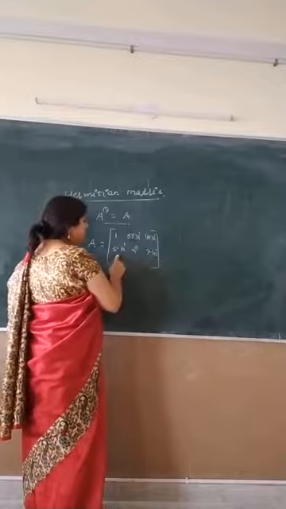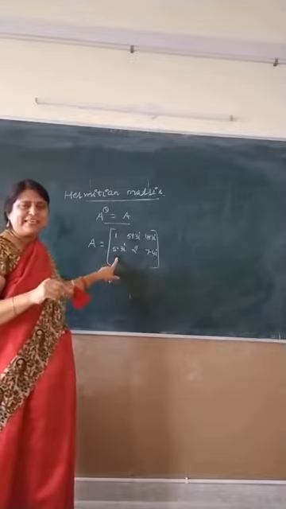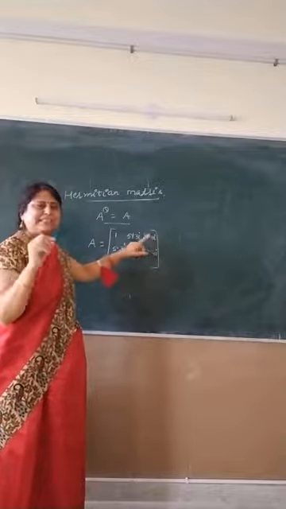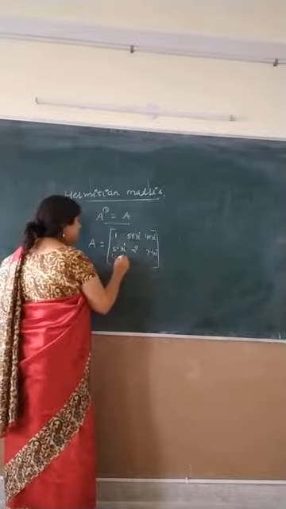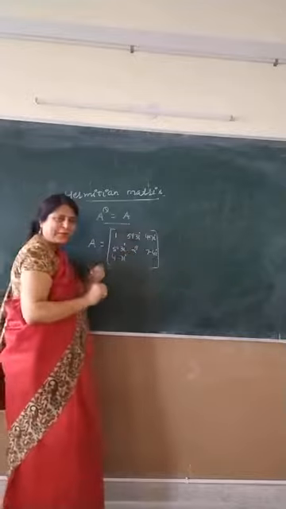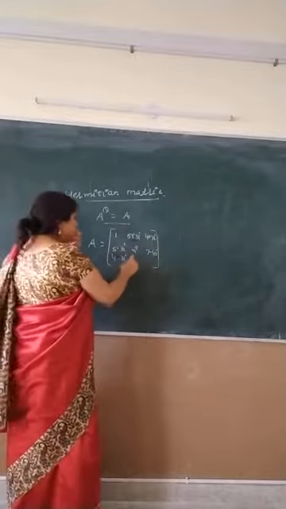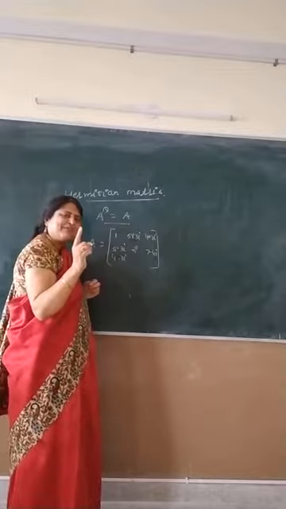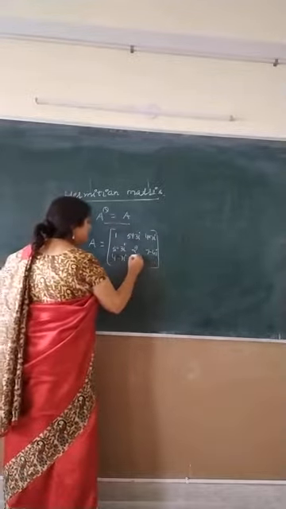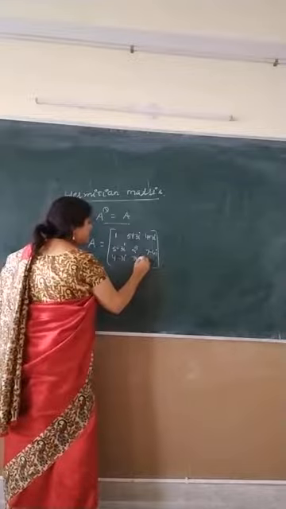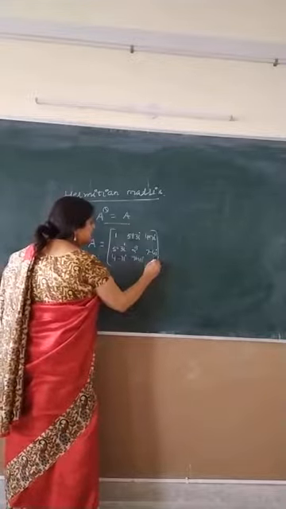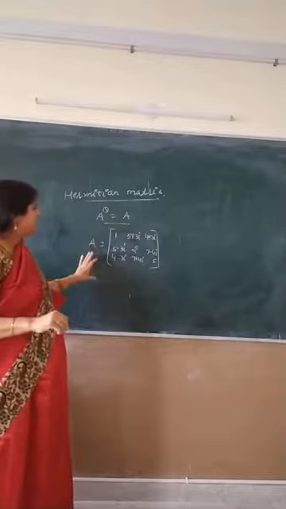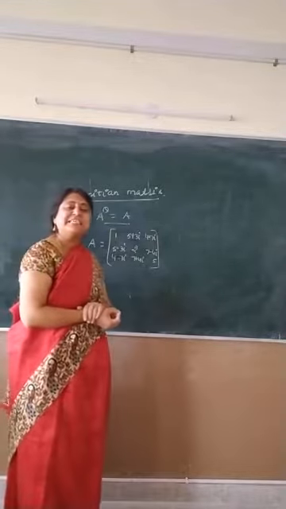Now see students, this entry is A31. It should be equal to conjugate of A13. So conjugate of A13 is 4 minus 7 iota. And this entry should be equal to conjugate of A23. Therefore it will be 7 plus 4 iota. And this is any 5. And you can check, this matrix is Hermitian matrix.